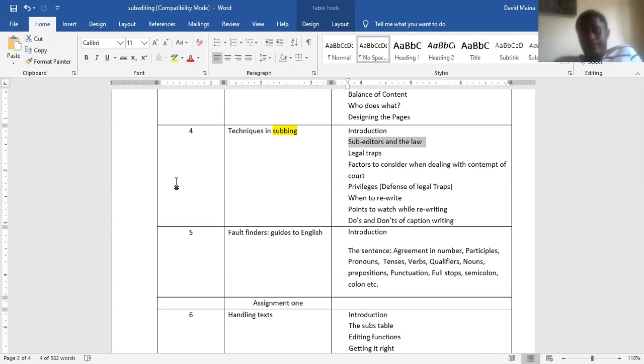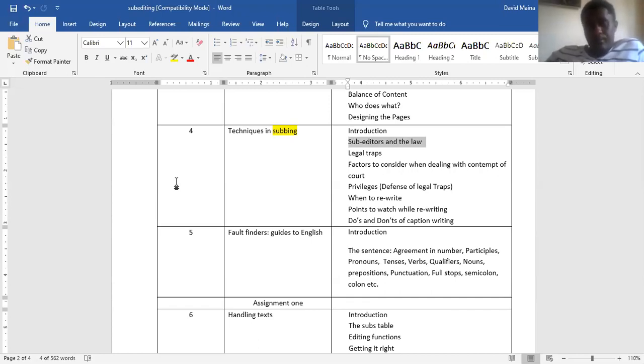The sub-editor must also be aware of the laws that govern a journalist, like the laws of privacy, what we talk about as intrusion into privacy, intrusion into grief and shock.